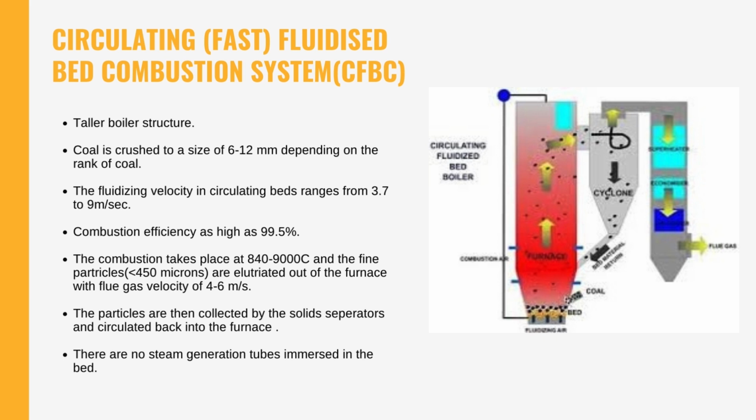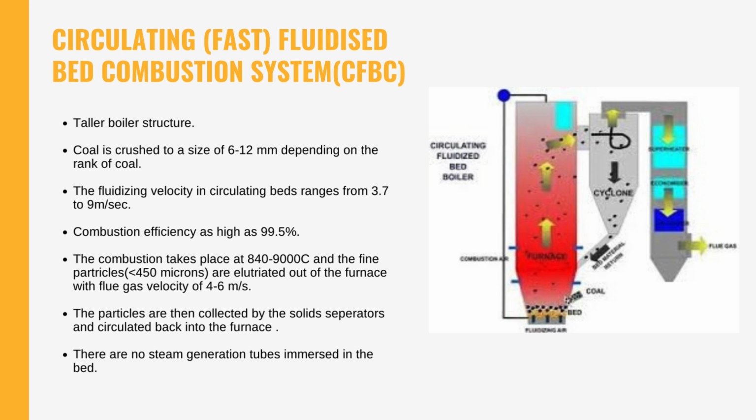The particles are suspended in a stream of upwardly flowing air, 60 to 70% of the total air, which enters the bottom of the furnace through air distribution nozzles. The fluidizing velocity in circulating beds ranges from 3.7 to 9 meters per second. The balance of combustion air is admitted above the bottom of the furnace as secondary air.